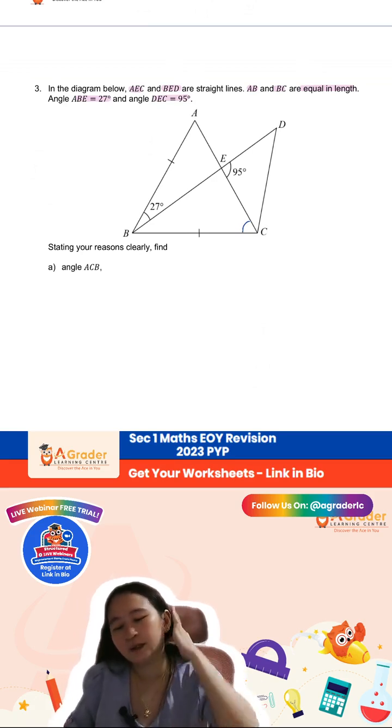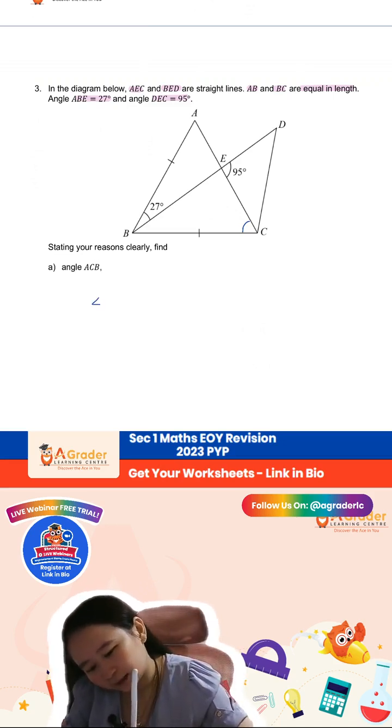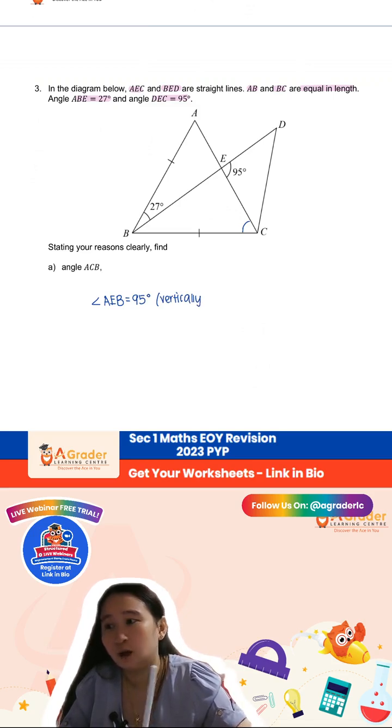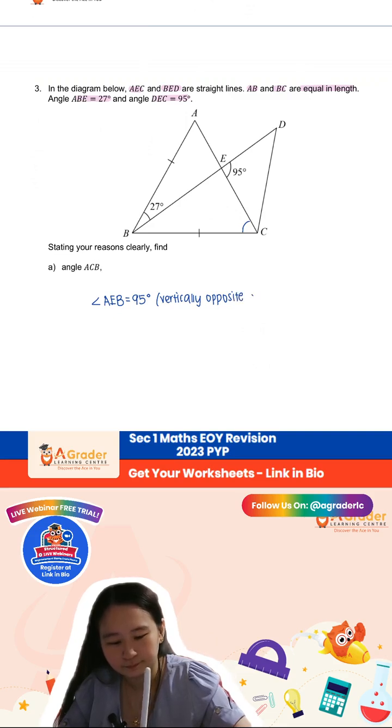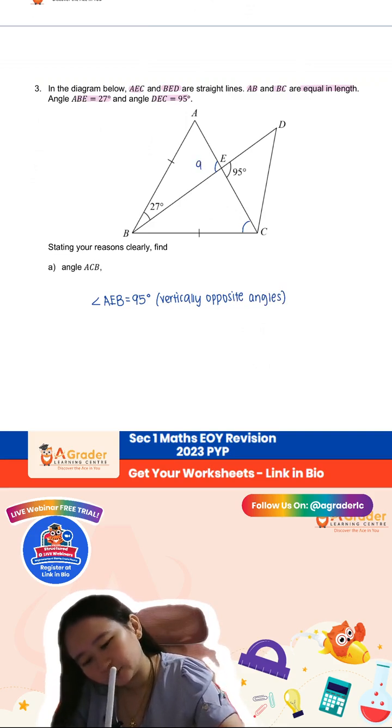Firstly, we know that angle AEB equals 95 degrees due to vertically opposite angles. Okay, so here is 95 degrees.